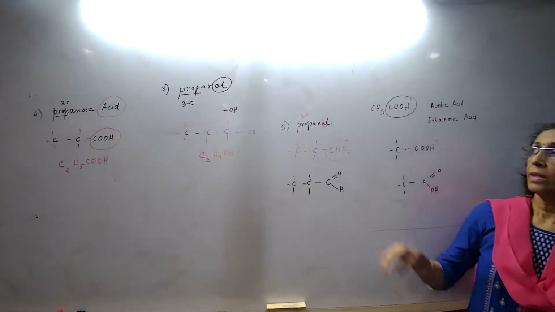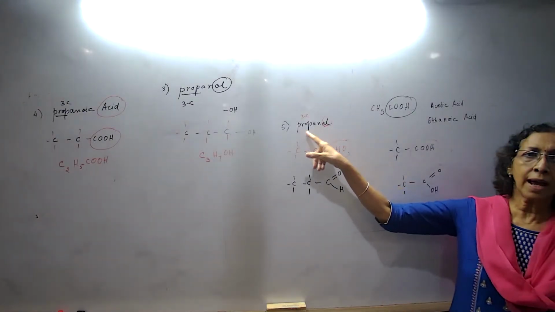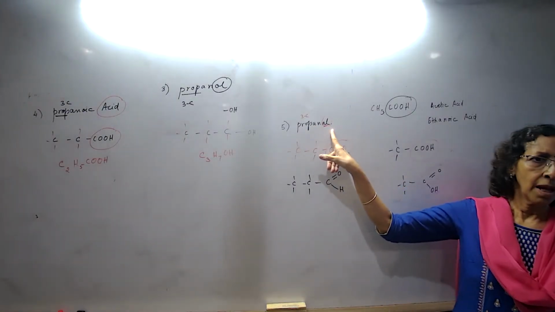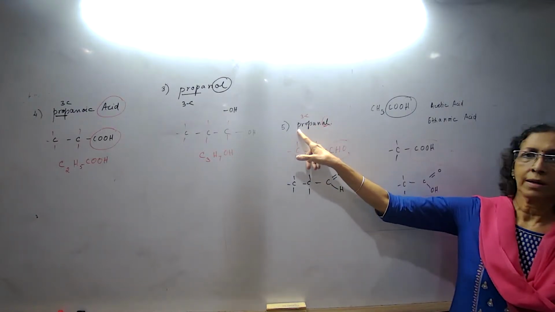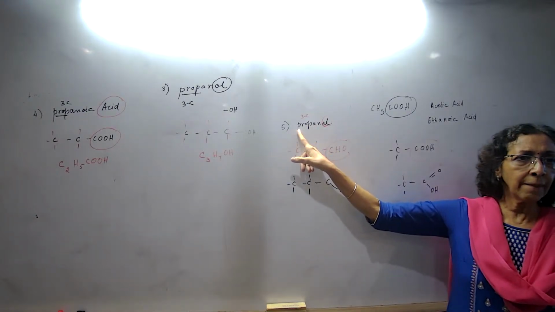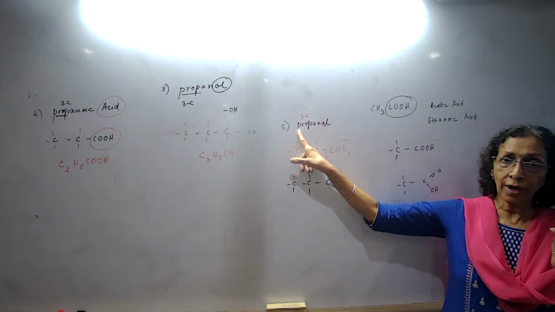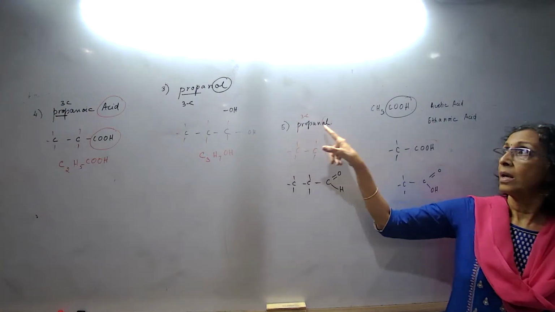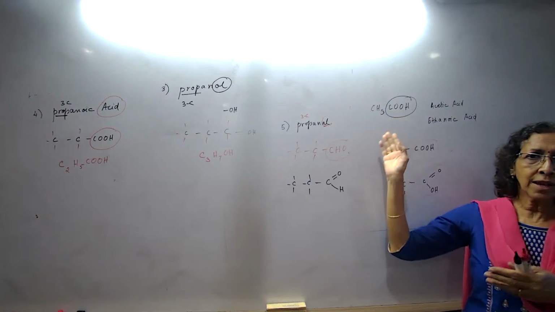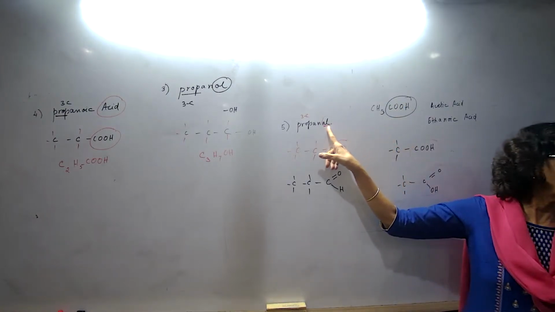There is something called a prefix and a suffix. Prefix is pre, that is before. Prefix will be the name which tells you the number of carbons, whether it is 2 carbon or 4 carbon. The other part, the suffix, will tell you about the functional group.